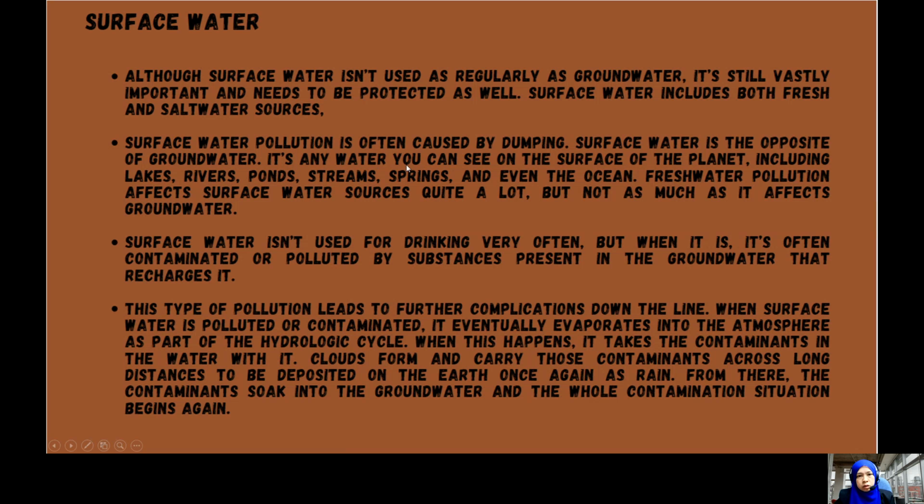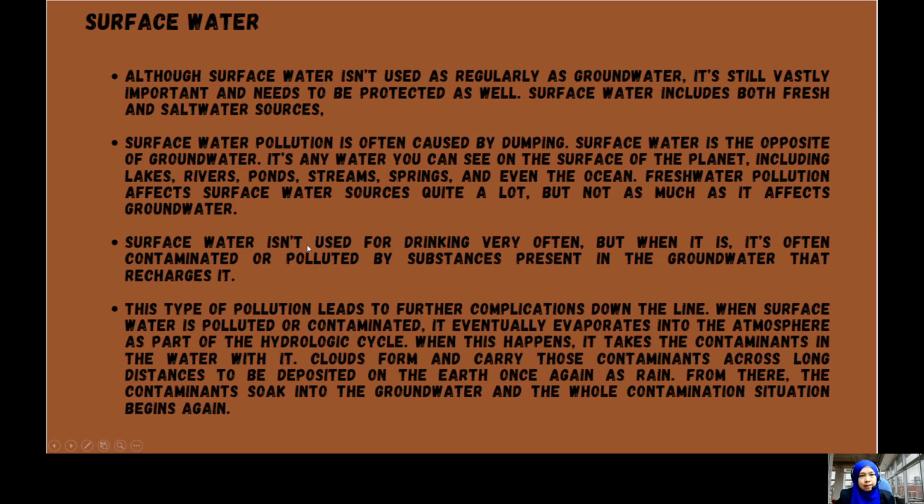It's any water you can see on the surface of the planet, including lakes, rivers, ponds, streams, springs, and even the ocean. Freshwater pollution affects surface water sources quite a lot, but not as much as it affects groundwater.